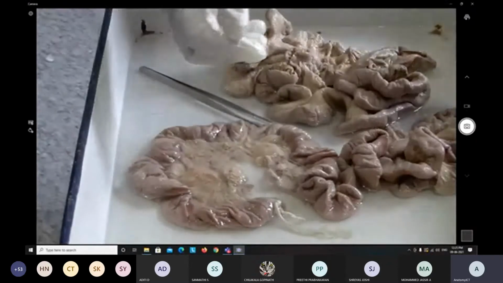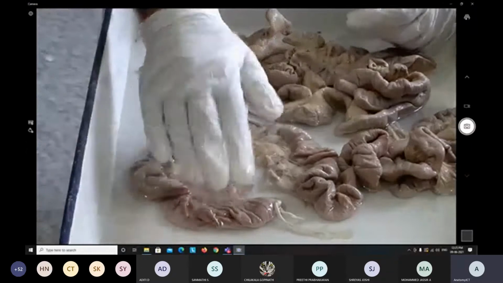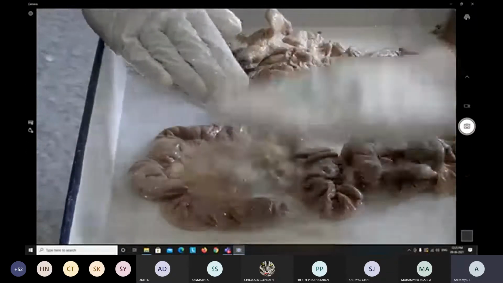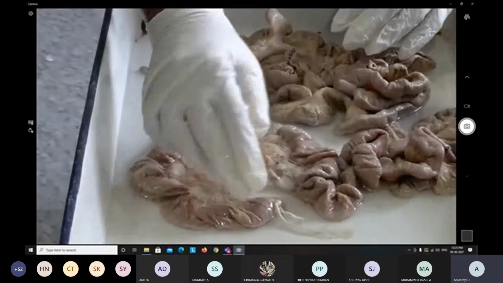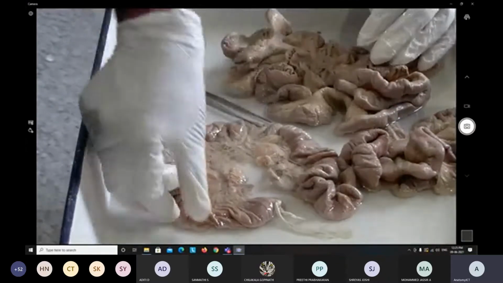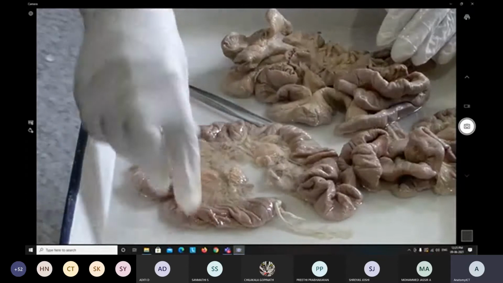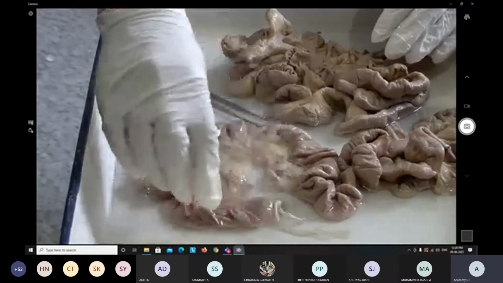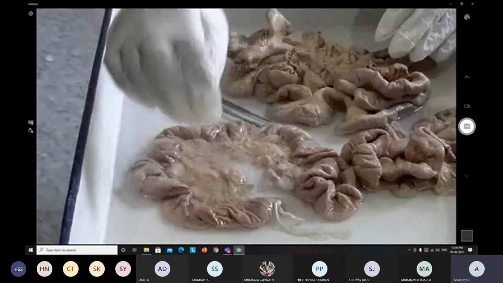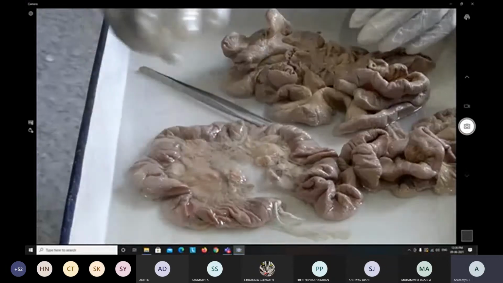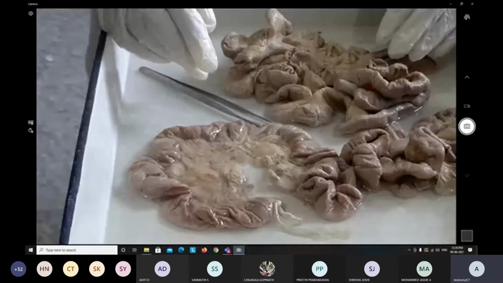Now the anterior relation is the caudate lobe of the liver. If you remember, the liver is overlapped over the intestine. Along with that, the gallbladder comes exactly over the margin between the first and second part. It means the anterior relation of the first part of the duodenum is the caudate lobe of the liver as well as the gallbladder.